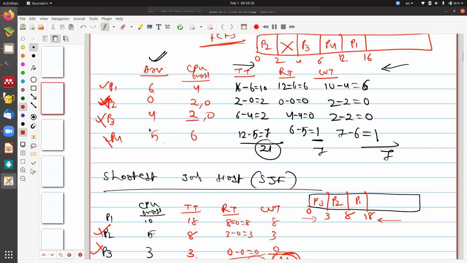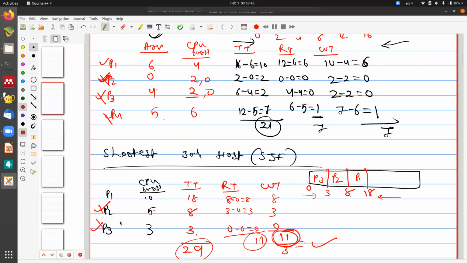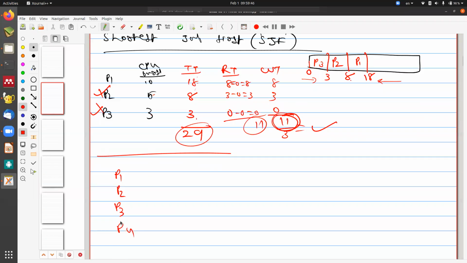Okay, just one last thing. Can you apply the same thing with shortest job first? P1, P2, P3, P4, with arrival times 6, 0, 4, 4 and CPU burst times 4, 2, 2, 6. So this is arrival time and CPU burst time.